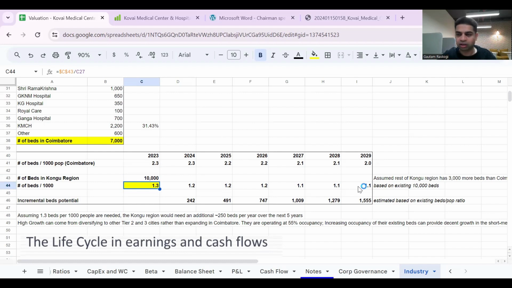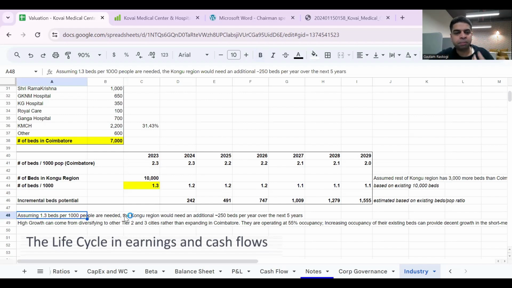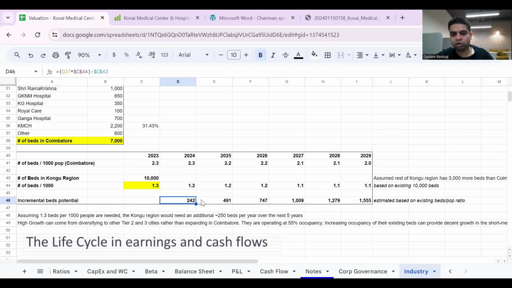So if the number of beds were to increase, assuming 1.3 beds per 1,000 people are needed 5-6 years down the line as well, then the Kongu region would need an additional 250 or 240 beds per year over the next 5-6 years to accommodate the growing population.